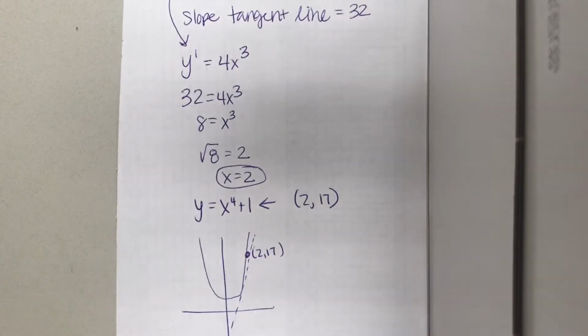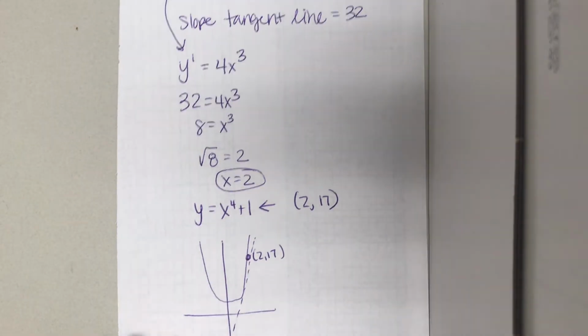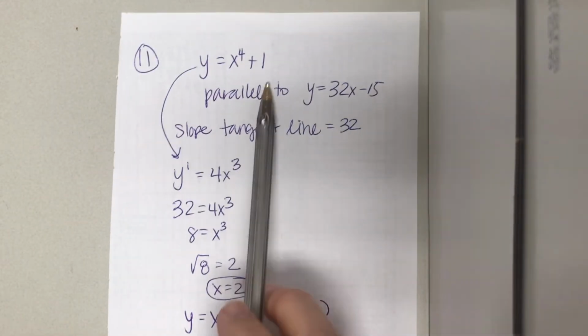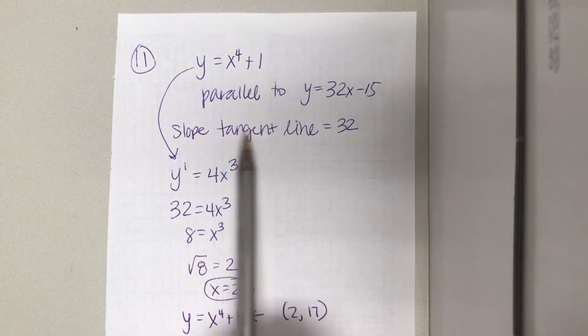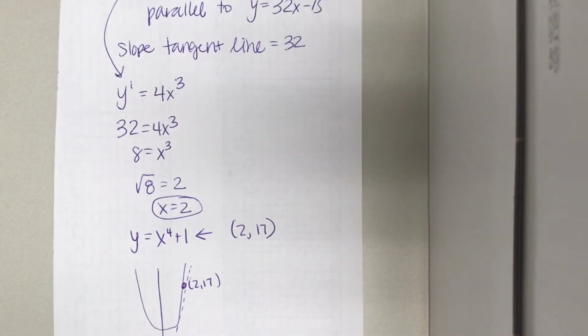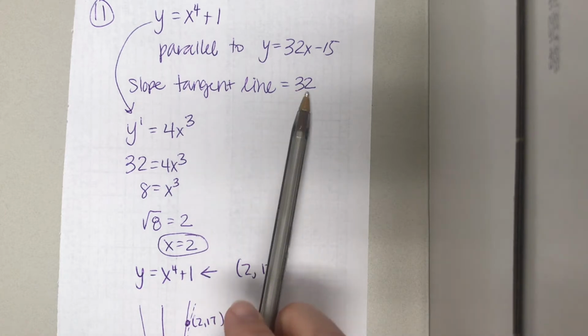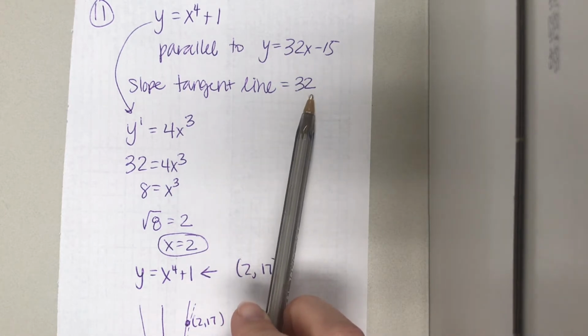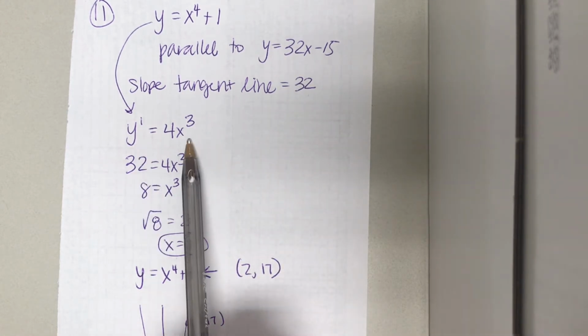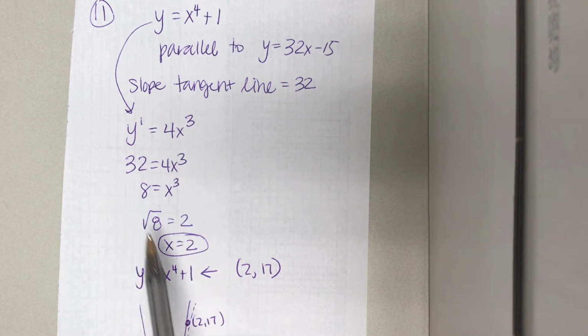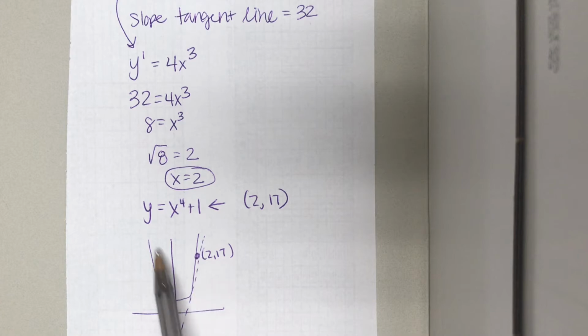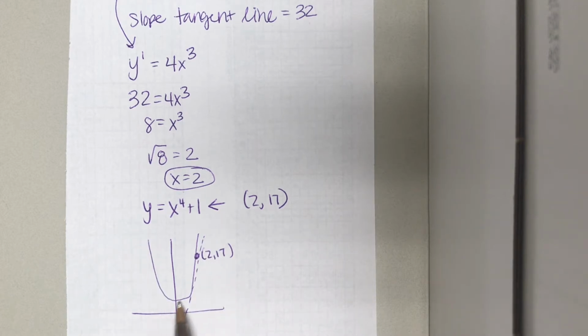All right, I looked at Desmos really quick. So x to the 4th plus 1 is our original function. We're trying to find a line parallel to 32x minus 15, and that tells us the slope has to be 32. So we took the derivative, set it equal to 32, and found x equals 2. Going back to the original function, it looks like a flattened parabola.